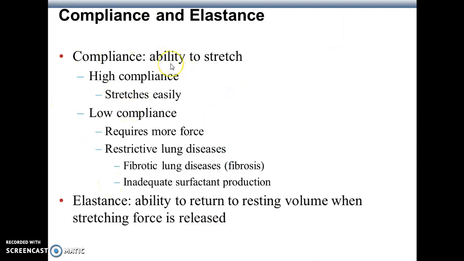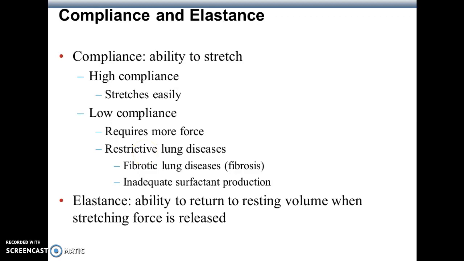So compliance and elasticity, right? Anything with high compliance is something that stretches easily. So your lungs are going to be quite pliable, right? They have high compliance, a lot of elasticity. The older you get, the lower the elasticity, okay? So if your lung has low compliance, something that does not stretch very easily, like you might see in restrictive lung diseases.